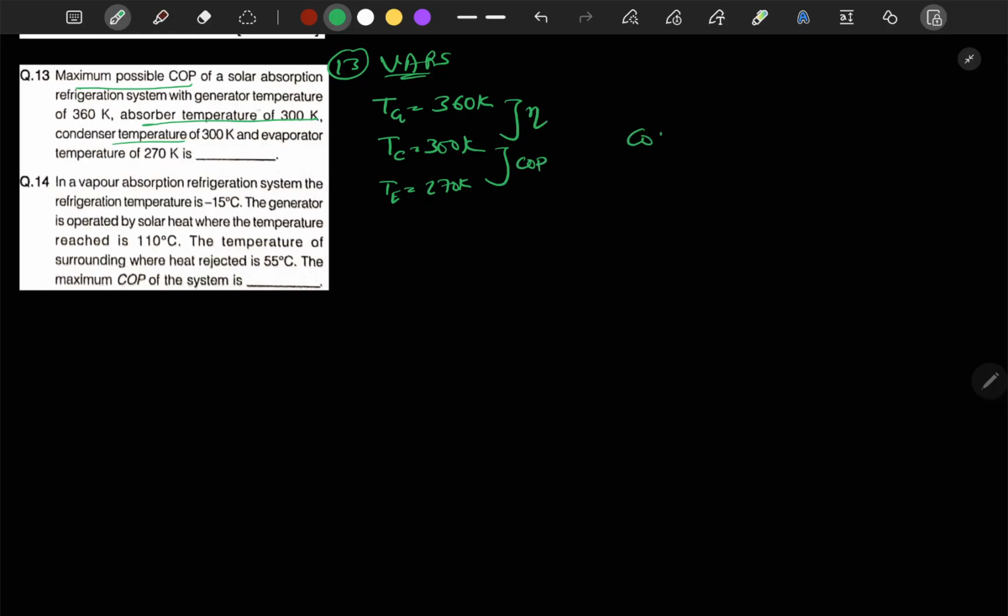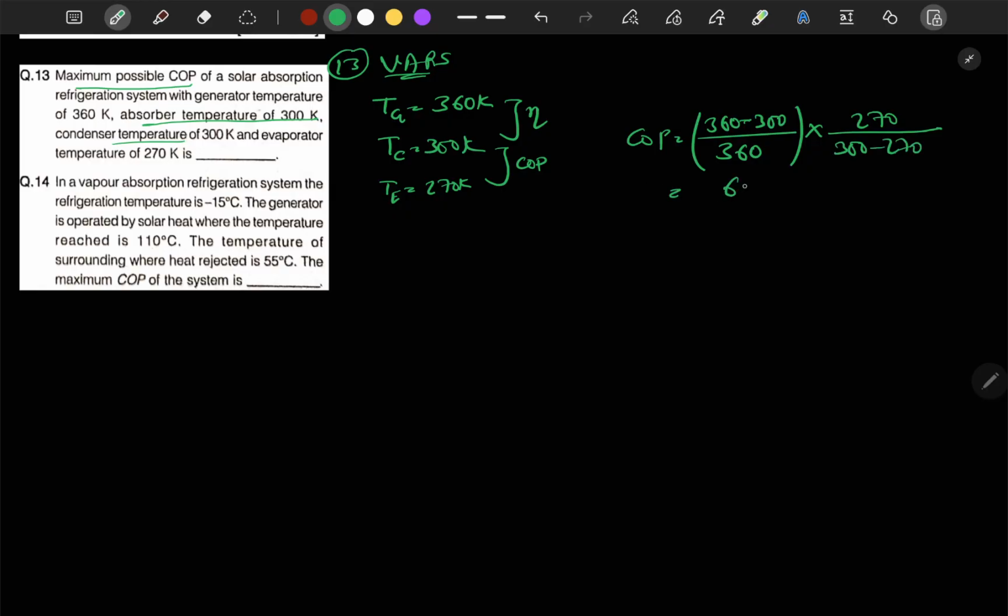Okay, so if we want to calculate the COP, we have to calculate the efficiency between these two and the COP between these two. The efficiency is the work done, 360 minus 300, which is 60, divided by QH, as we know (TH minus TL) upon TH. So it is 60 divided by 360, into, for the COP between these two, our desired effect 270 upon the difference of both, 300 minus 270, which is 30.